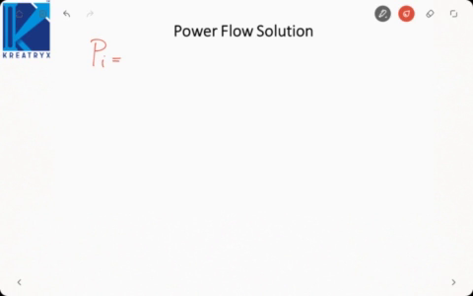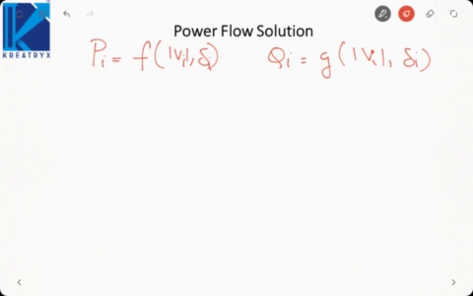Now Pi is actually a function of mod V and delta, and Qi is also a function of mod Vi and delta i. Okay. So what we will do is, correction vector will be given as delta delta or delta mod V.